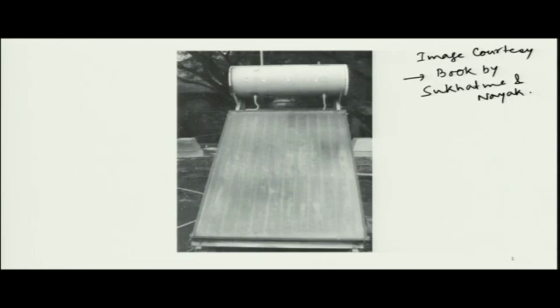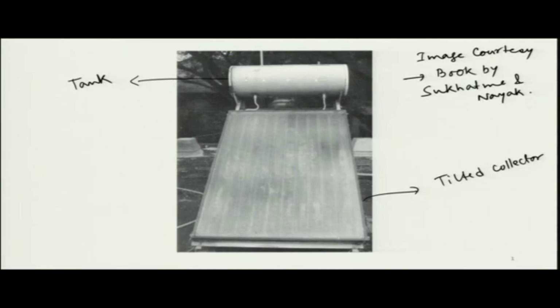Okay. So here you see that we have a tank and we have a tilted collector. What would be the angle of tilt? That will depend on where you are placing it. Optimally, it should be the latitude of that place, and you have to orient the collector towards the equator. Okay.